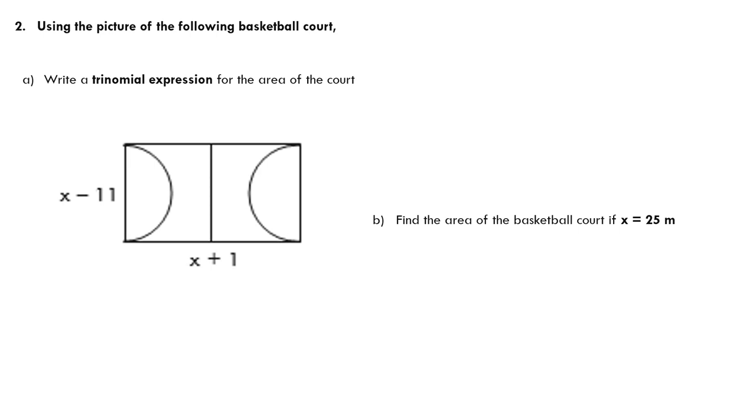Using the picture of the following basketball court, write a trinomial expression for the area of the court. Well, area is length times width. So if our length is x plus 1 and our width is x minus 11, then the area becomes x plus 1 times x minus 11.